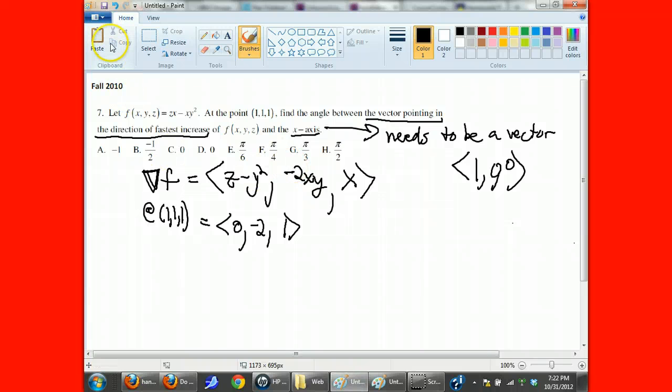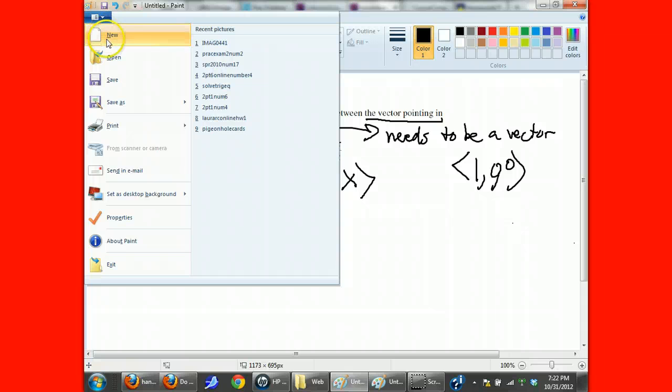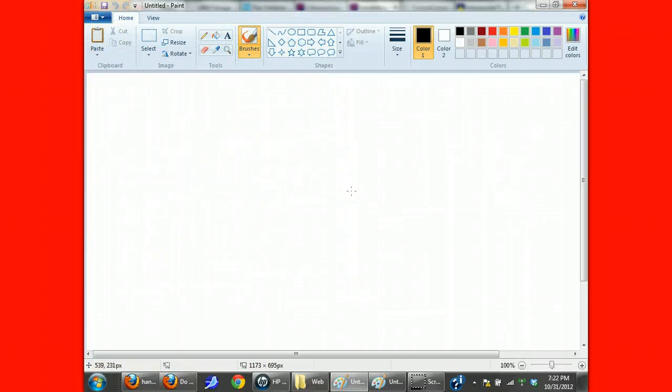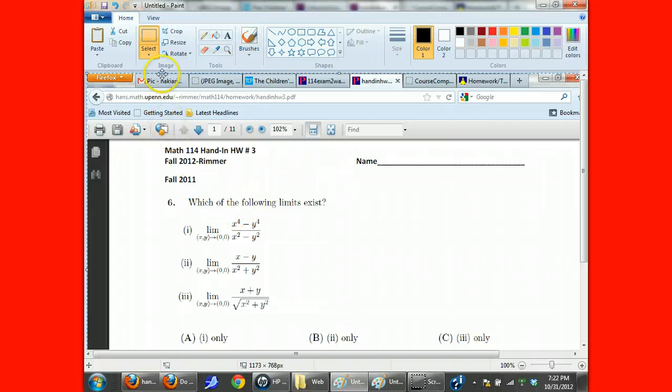Otherwise, when you're told that the limit doesn't exist, I want you to go through the 6 different paths. So for this first one here, we can just factor as the difference of squares: x squared minus y squared over x squared plus y squared.